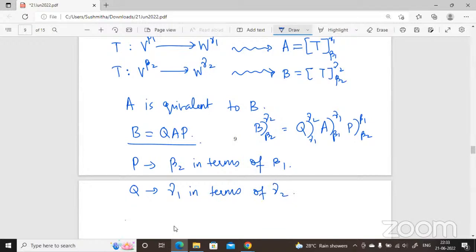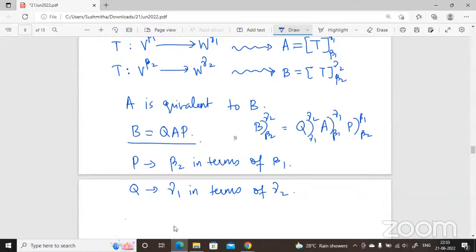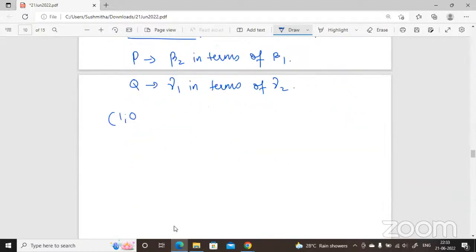After you write this down, you will get a matrix, right? When you write beta 2 in terms of beta 1, say suppose you have 1, 0, 0, 1, 1, 0. This is beta 1. Beta 2 is the standard ordered basis. What do you mean by writing beta 2 in terms of beta 1?